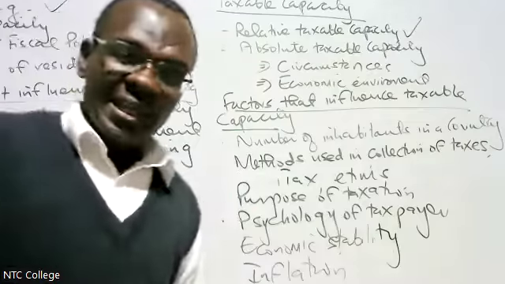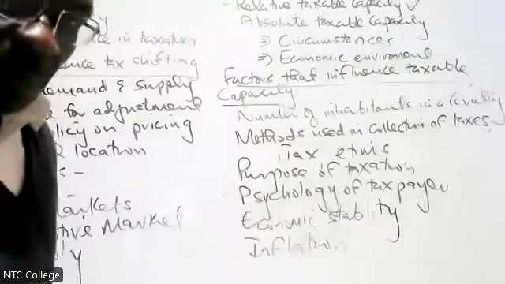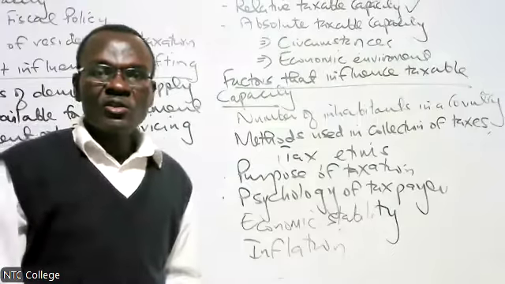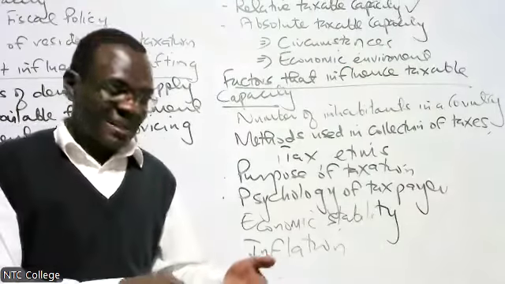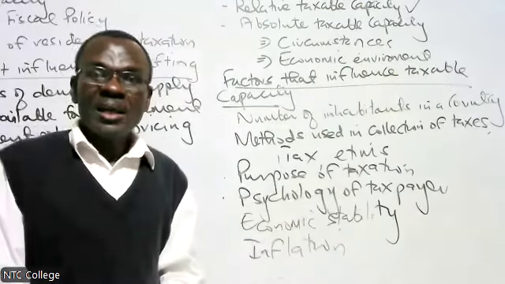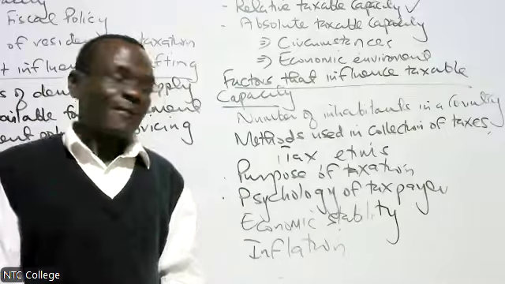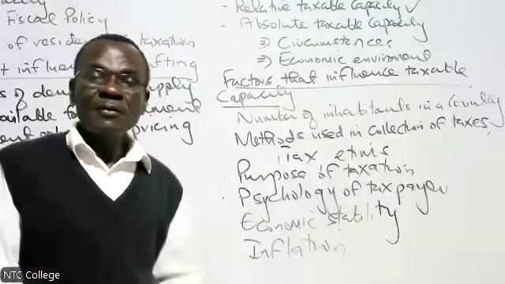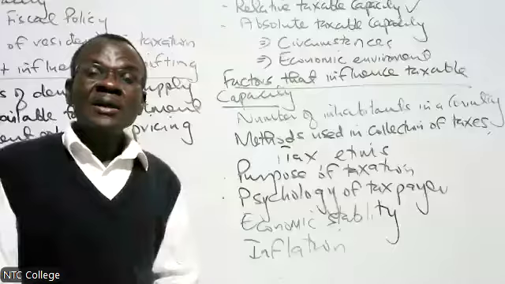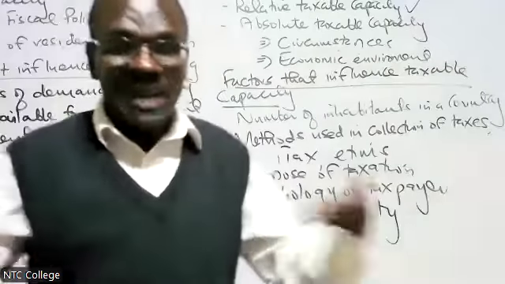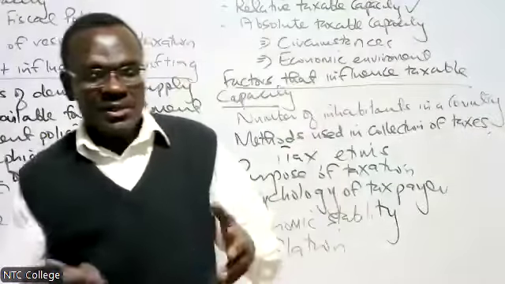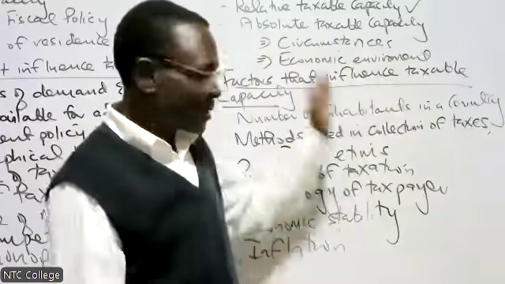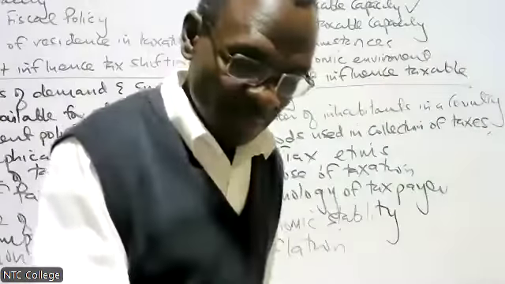Like in Kenya now, the producers will complain about the cost of power, the cost of fuel, taxes, and so on. And when it becomes very difficult, then they have to increase their prices. Then the rates of inflation will go up. Now, that will reduce the value of money. So if the value of money is reduced, then taxable capacity also is reduced and so on. So that is the concept of taxable capacity.